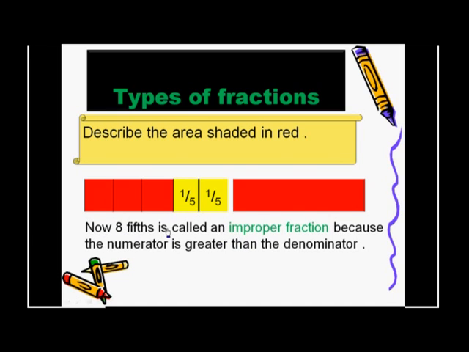8/5 is called an improper fraction because the numerator is greater than the denominator. So whenever you have a fraction where the numerator is greater than the denominator, it's called an improper fraction.